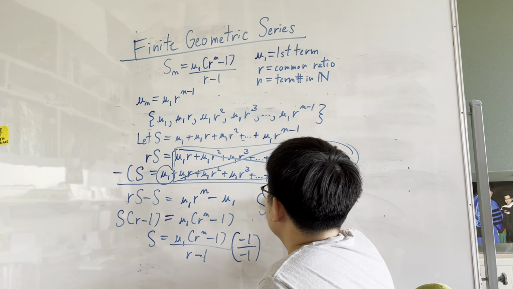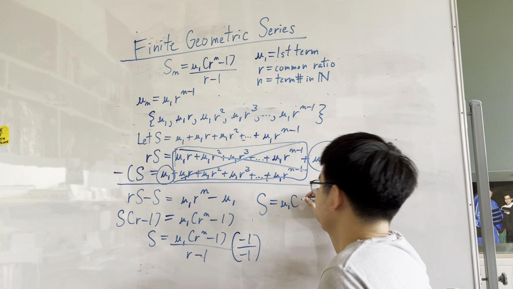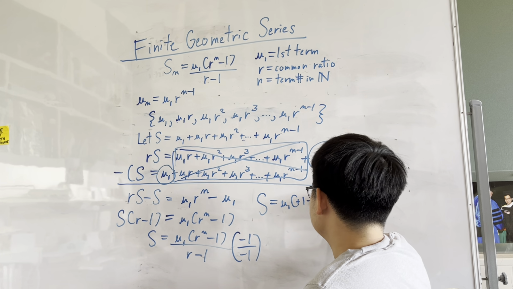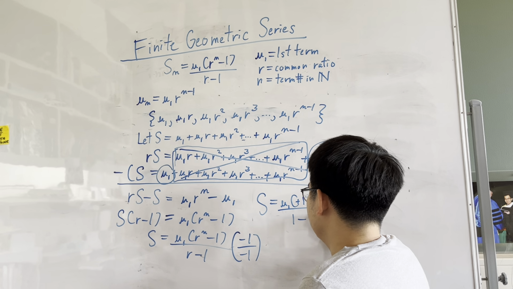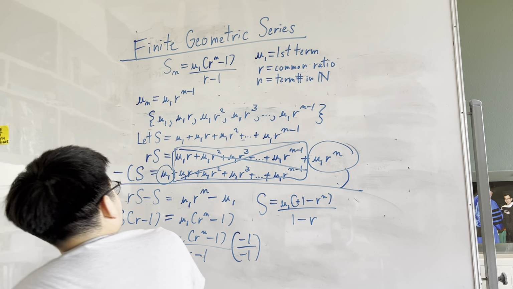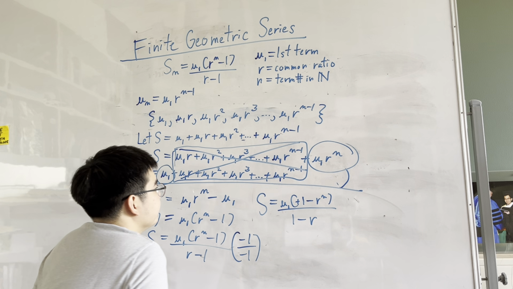So then S becomes u1 times, negative negative becomes positive, 1 minus r to the n, over positive 1 minus r. Boom, just like that. So that's the derivation of the finite geometric series formula.